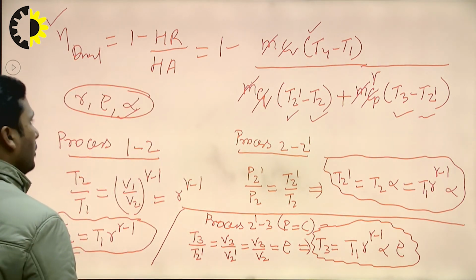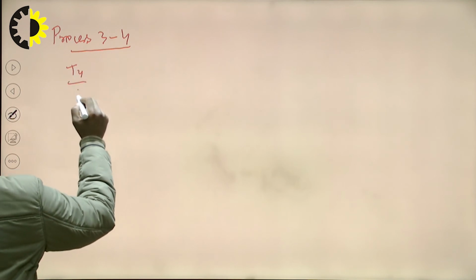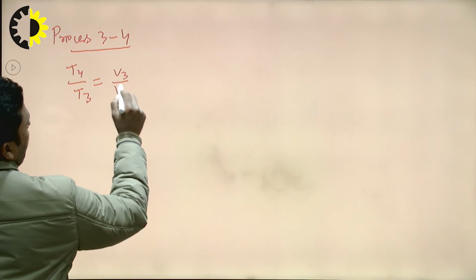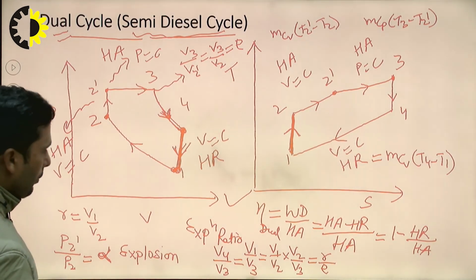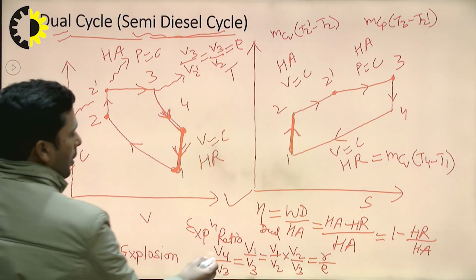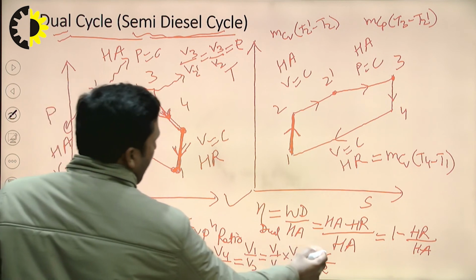So, the next process is the process 3 to 4, that is isentropic expansion process, and in that process T4 by T3 is equal to V3 by V4 to the power gamma minus 1, and we have calculated here the expansion ratio V4 by V3 is equal to r by rho.